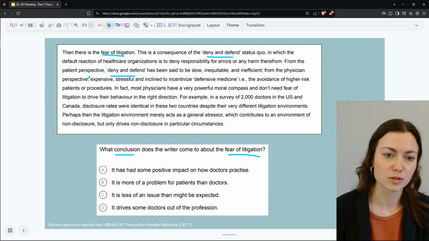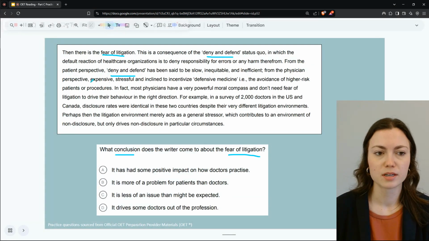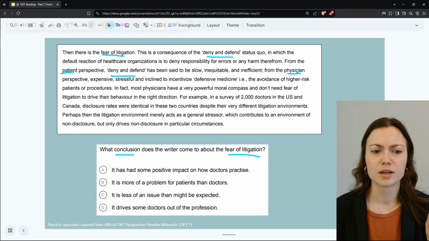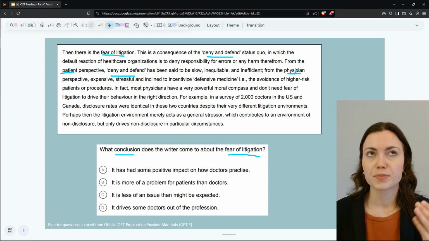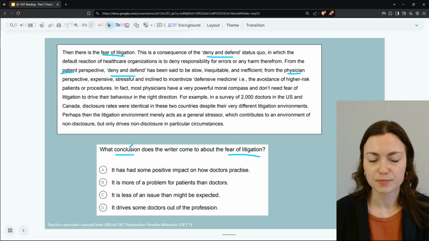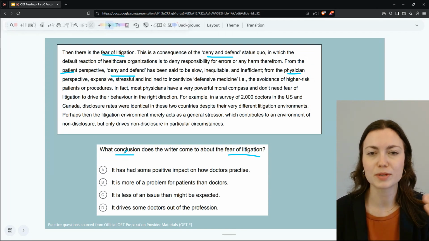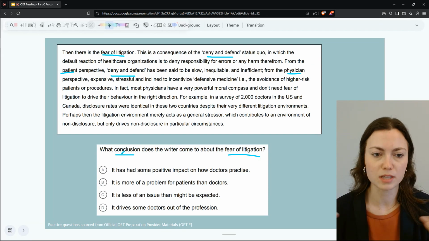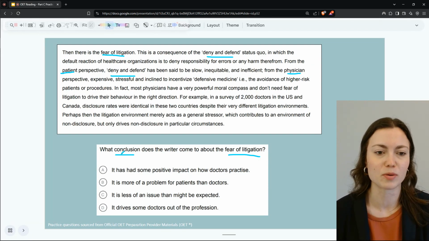From the physician perspective, so okay, we have different things happening here being addressed, but we're still looking for specifically the conclusion. Often with the word conclusion, not always, but frequently, you can look for it towards the end where he gets to laying out those examples and details and then coming into land on the main point here.